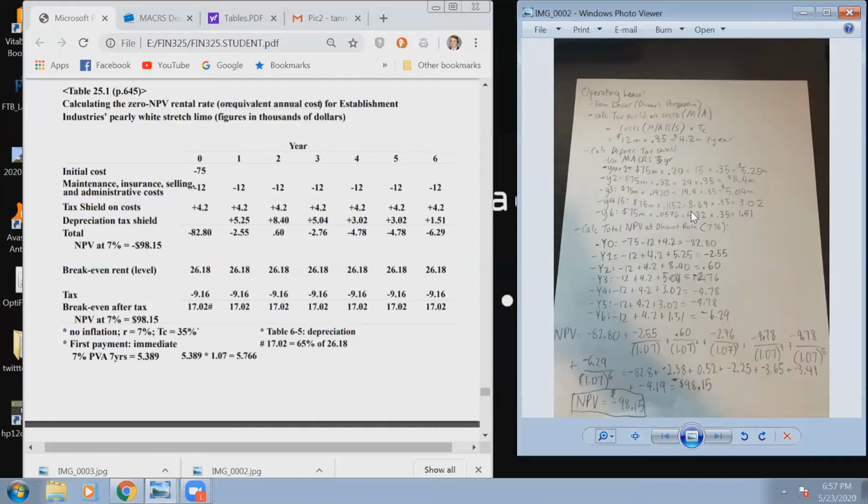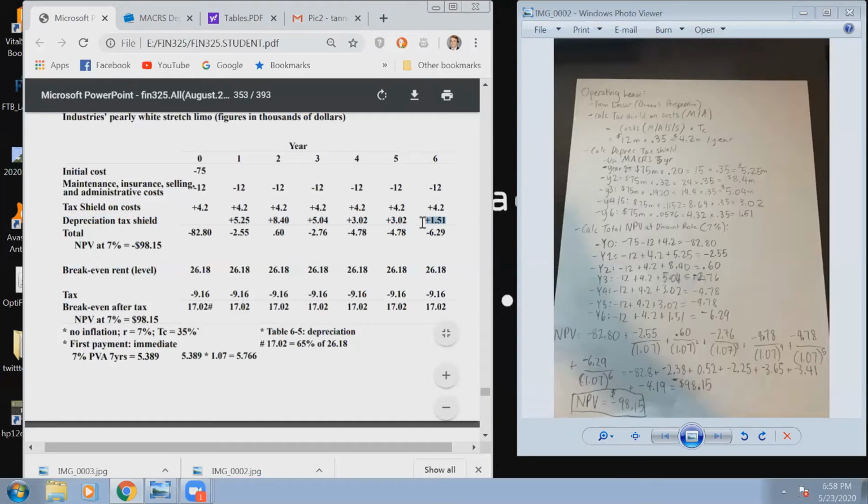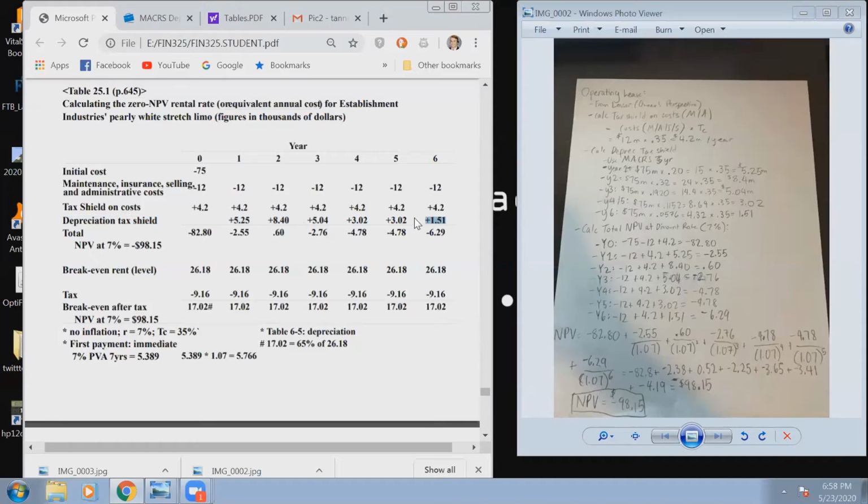You multiply that by 35%, which gives you 3.02 million for year 4 and year 5. And then in year 6, we take the 75 million multiplied by 5.76%, which gives you 4.32 million, and then you multiply that by 35%, which gives you $1.51 million for the year 6 depreciation tax shield.